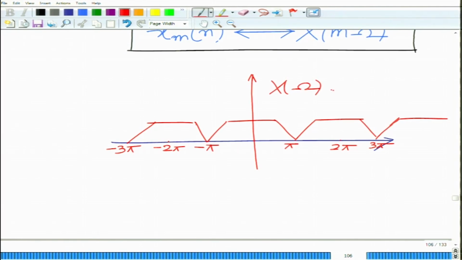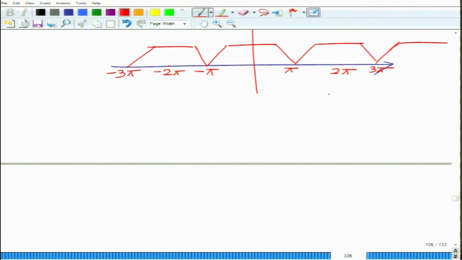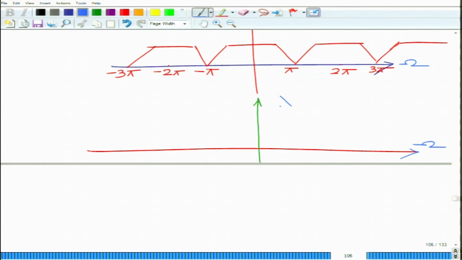So, this is x of omega. Now, x 2 of n will have the Fourier transform which looks something like this. So, this is your x 2 of omega, which is the DTFT of x 2 of n.